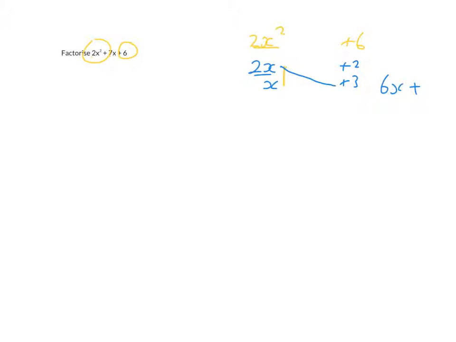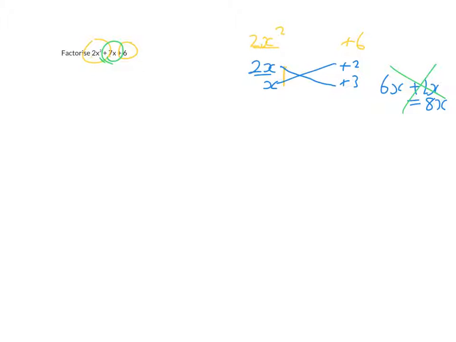Then we're going to go plus 2 times x, which is 2x. So 6x plus 2x, and that equals 8x. We need to then compare that with the middle term, the x term, which we're looking for an answer of 7. So 8x is not 7x, so this one's not going to work.